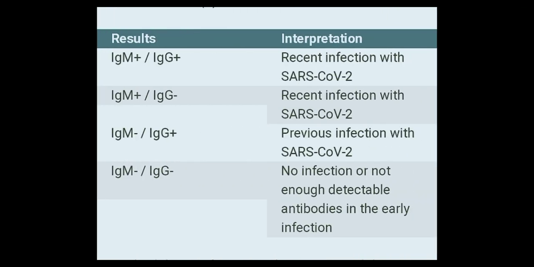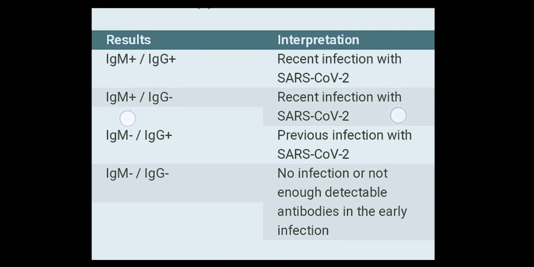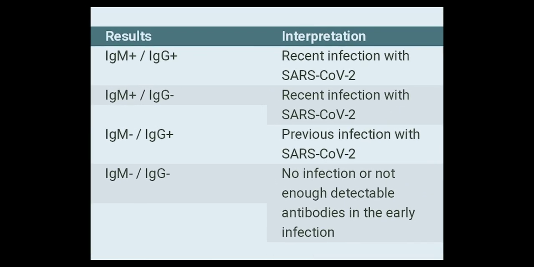Let's move on now. Here are the results and the interpretation. As I have already mentioned, IgM positive, IgG positive means the interpretation is recent infection with SARS-CoV-2. If IgM is positive and IgG is negative, it is a recent infection with SARS-CoV-2. If IgM is negative and IgG is positive, it is a previous infection with SARS-CoV-2.